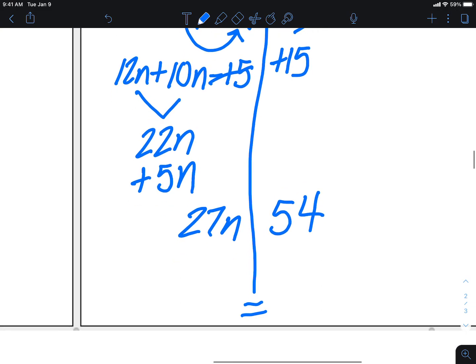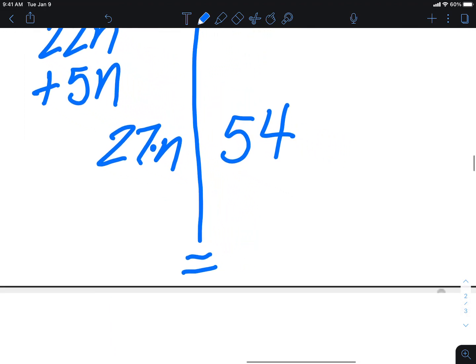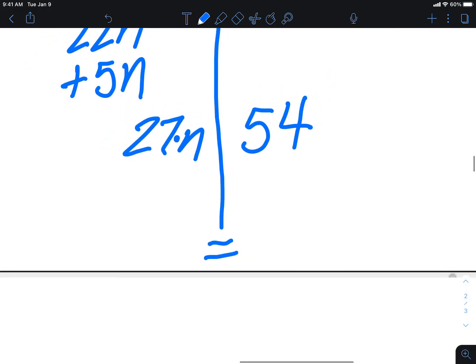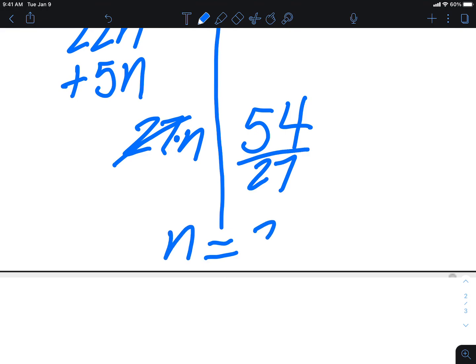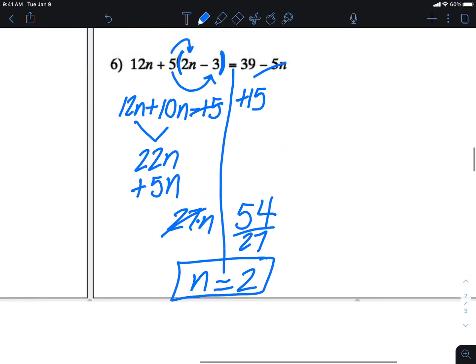And I remember that 27n means 27 times n, and the inverse of multiplying is dividing. So I'm going to cross out 27, and divide by 27. I'm going to bring down my n, and 54 divided by 27 is 2. And there we go. That is our solution for the second problem of multi-step equations with distribution.